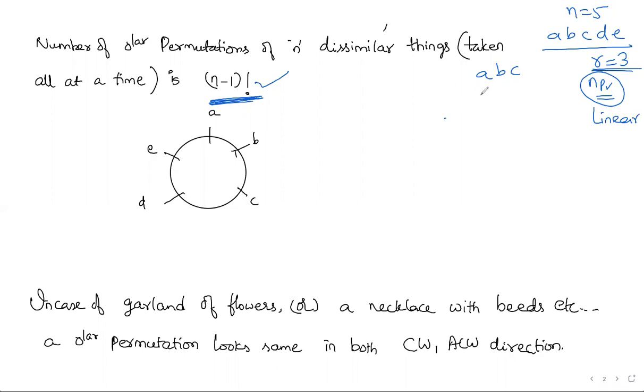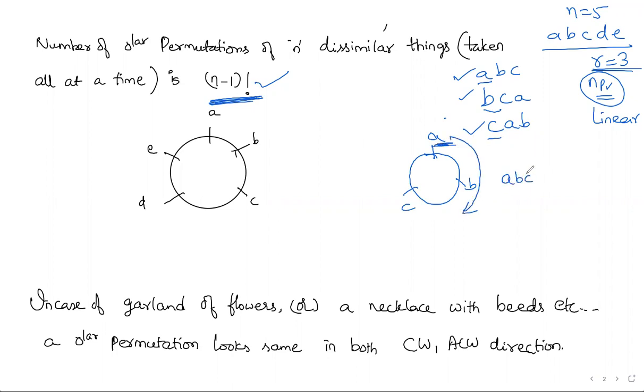Okay. So ABC can also be arranged as BCA, can also be arranged as CAB, right? If you consider these three as three different permutations, it is because here A is coming first, in this B is coming first, and in this C is coming first. But if you consider this circular permutation A, B, C, if you start with A and move clockwise, it will be ABC.